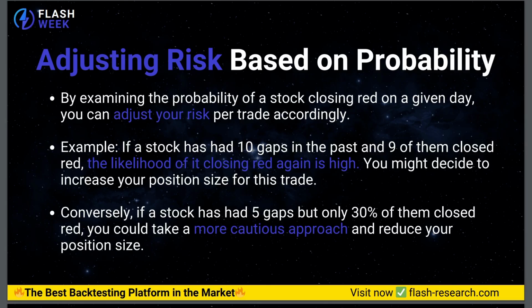That's something we actually do a lot. When we look for a stock on our ticker analysis tool and we see that the probability of it closing red is lower, then maybe we don't short, or maybe we go with less size, and maybe we take some profits.